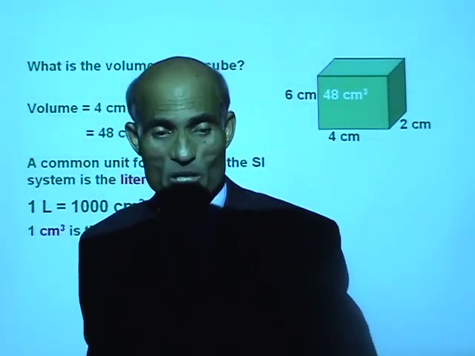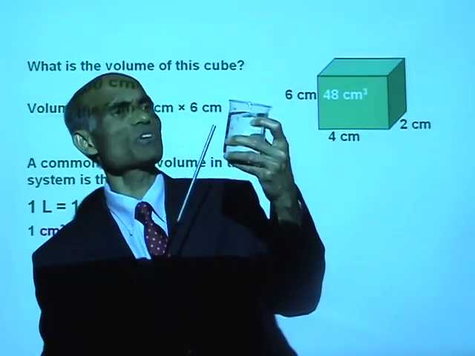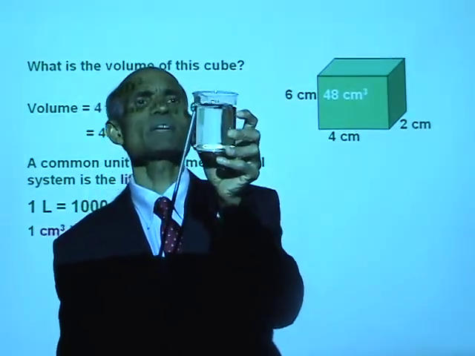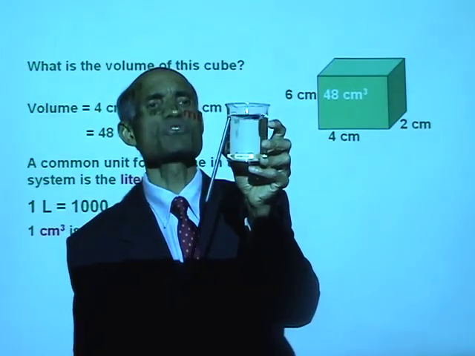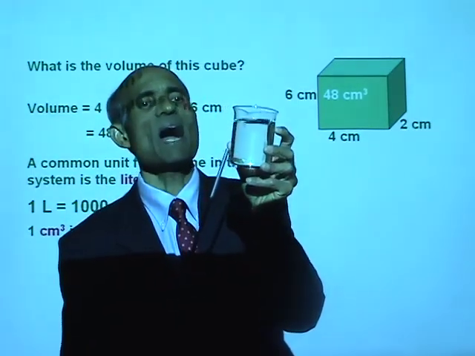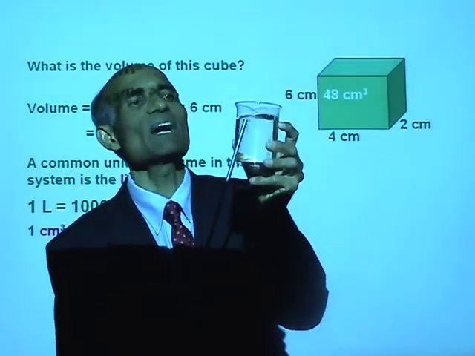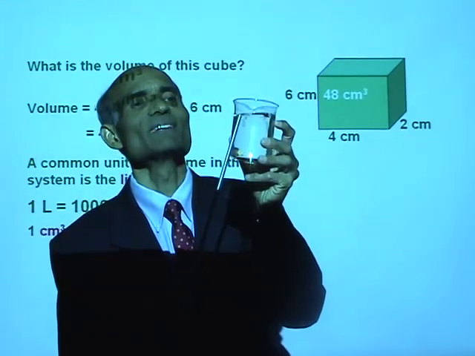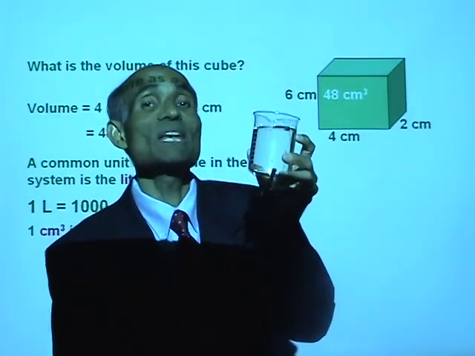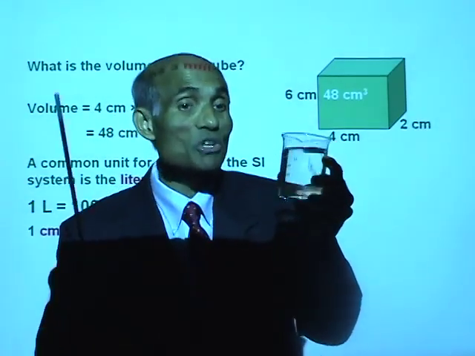Don't forget that. Now look at this beaker. It is written here. I don't think you can read it. If you fill it up to here, it is 200 milliliter. Now tell me, how many centimeter cube of water is in here when I fill it up to here? 200 milliliter is the same as 200 centimeter cube.